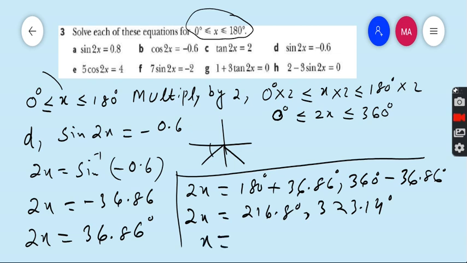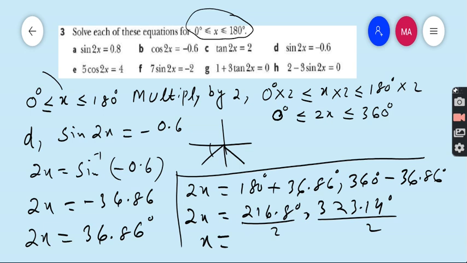And finally, we should divide both the values by 2. So 216.86 by 2 is 108.4.